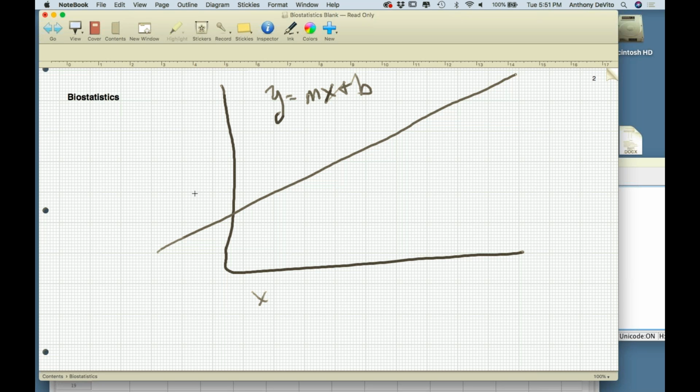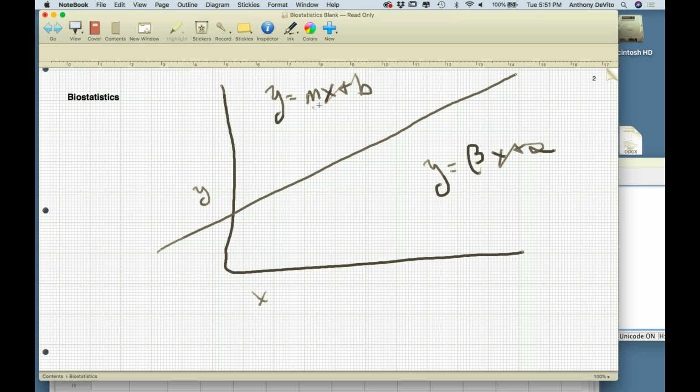This is the x-axis, this is the y-axis. In statistics, you usually see it as y or f of x is equal to, I think it's beta x plus alpha. Is that the way it looks in your text? That's pretty much it. It's basically the same thing: m and beta are the same thing, and b and alpha are the same thing here.